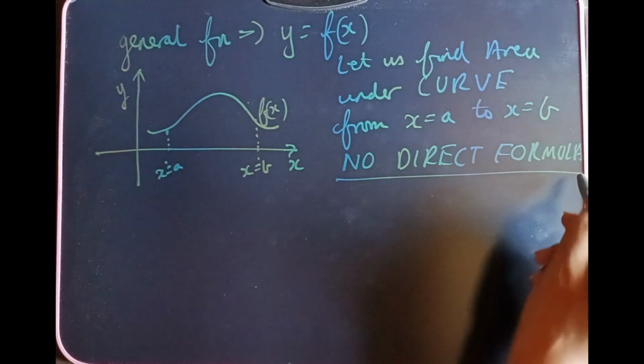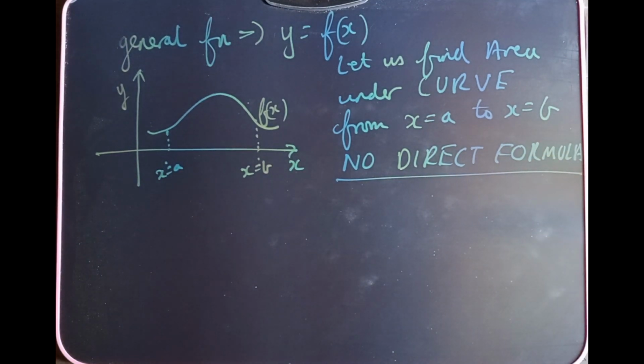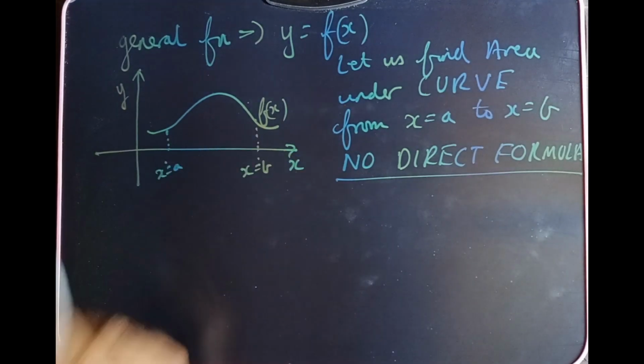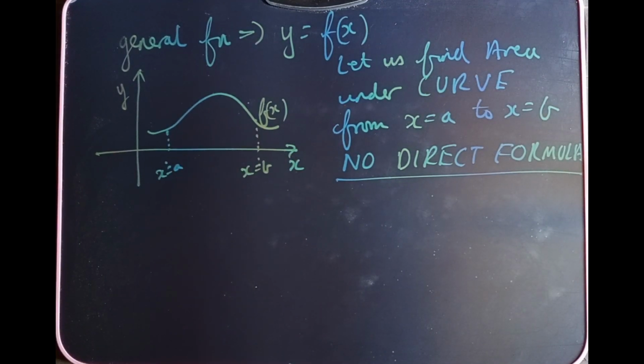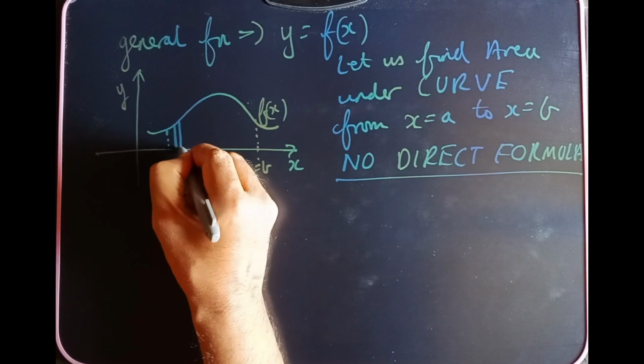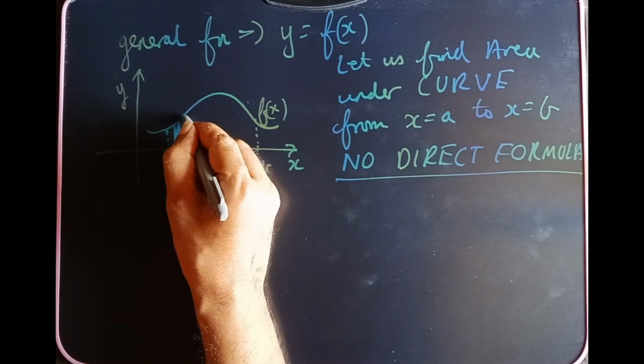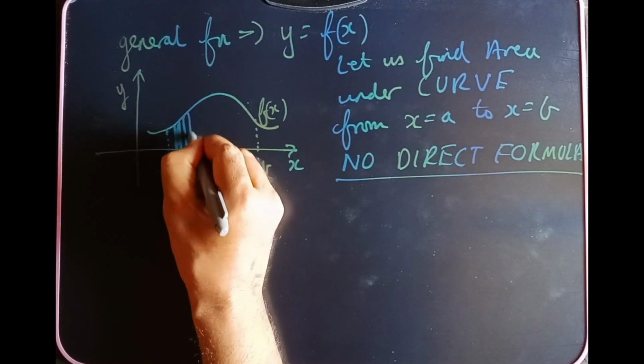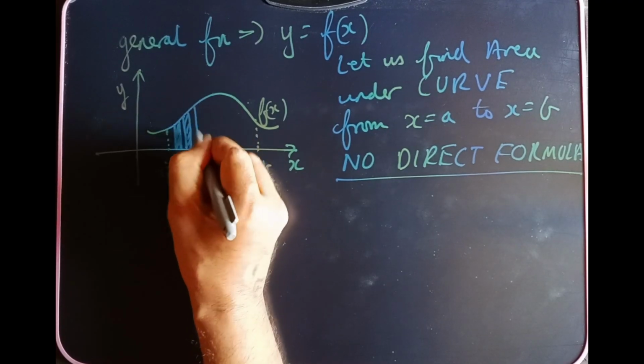If you have one, you can put it in the chat. There is no direct formula to find the area of this particular shape, right? But can we do one thing? Can we divide this into multiple small shapes? This is one shape, this is another shape.